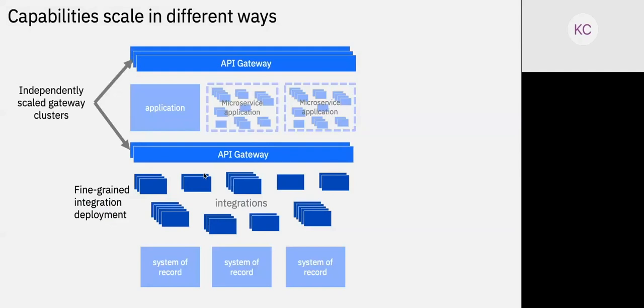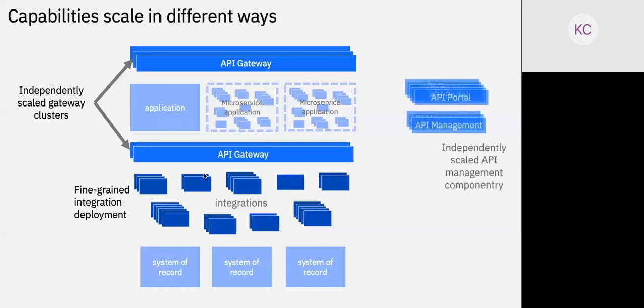Now, we might have more than one gateway. We might have a gateway that sits up in the demilitarized zone for exposing things externally and one internally. Perhaps we might have different ones internally for different domains in the organization, but ultimately the gateways are multi-tenant and handling many APIs.